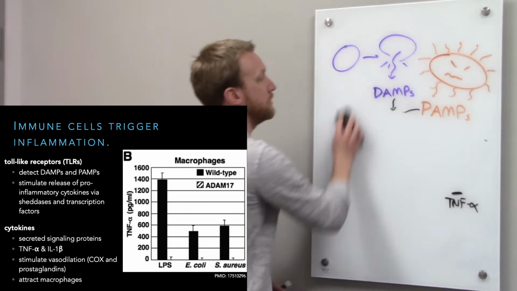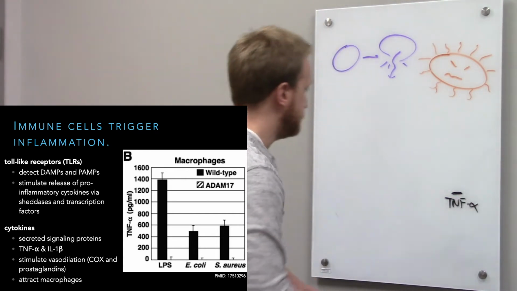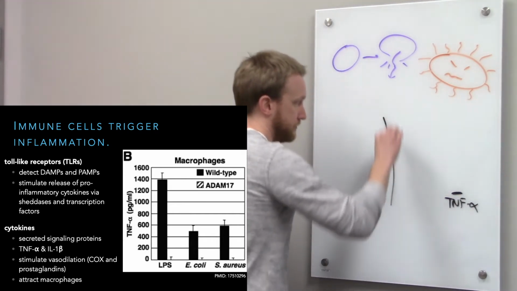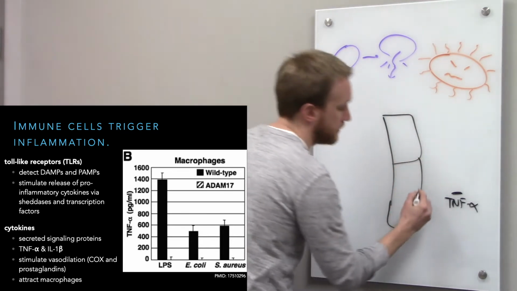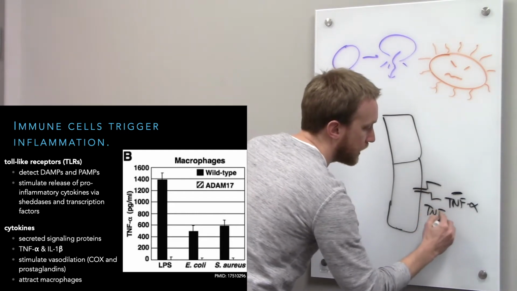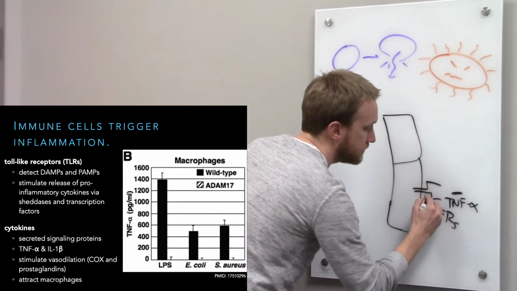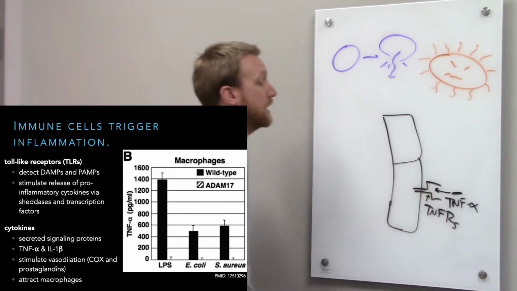So we'll leave that one floating around. And now we're going to think about some kind of epithelial cell here. And these have tumor necrosis factor receptors. They're the receptors for tumor necrosis factor, so the name works out in this case.